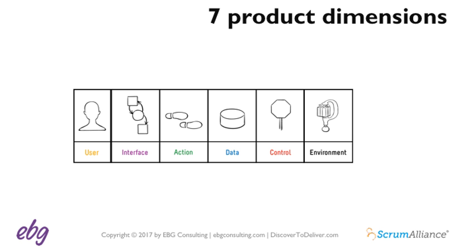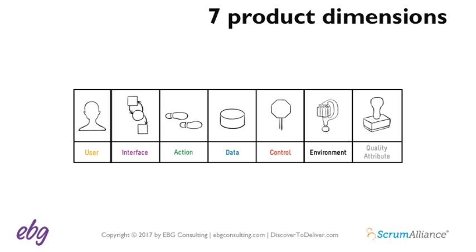The environment dimension covers the physical properties of the product, if applicable, for example, if you are building a device that contains hardware and software. In any case, the environment dimension also includes the technology platforms, hardware and software platforms.